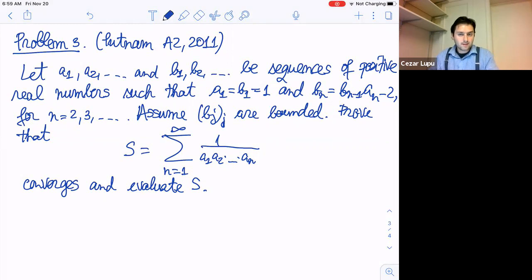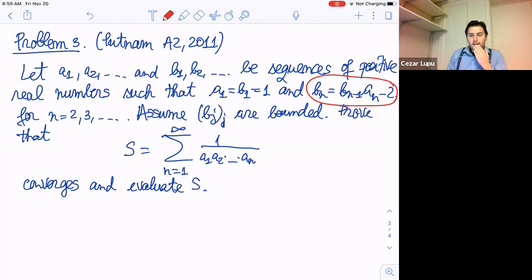Well, it kind of rings a bell to us. It kind of looks like a telescoping sum to me, right? You see, I have that product 1 over A1, A2, An, and I have this funny recursion which involves these two sequences.